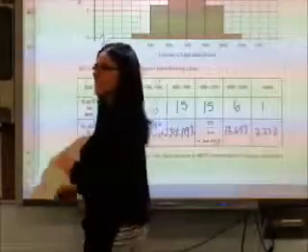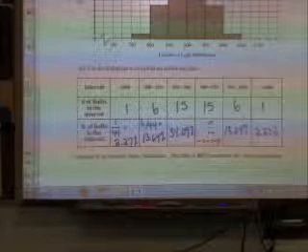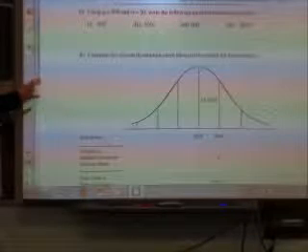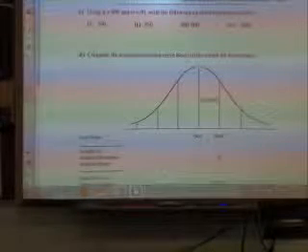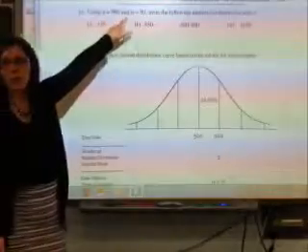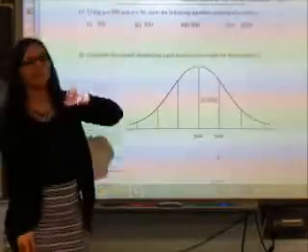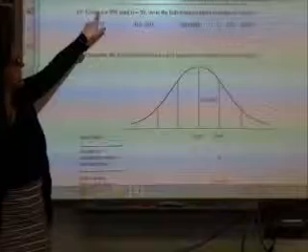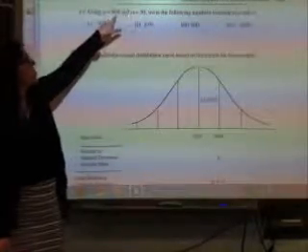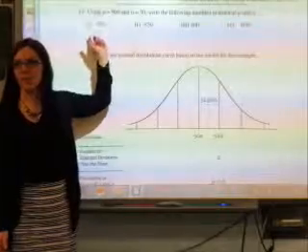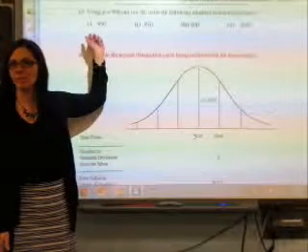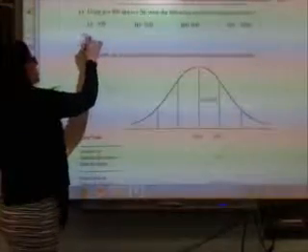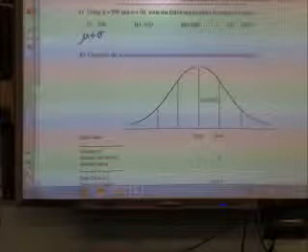So that's using the information from the histogram. If I change that histogram to my curve, or actually before I change it to my curve. So remember in the example, mu, or my mean, was 900, my standard deviation was 50. So if I had to write 950 in terms of these symbols, what can I do with 900 to get to 950? What operation? Addition. So I can take mu and add 1 standard deviation.